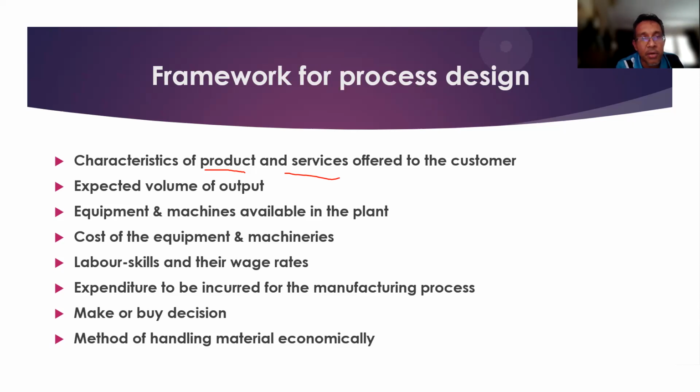So like I said just now, if you want to fabricate one unit, you will use a different process. If you want to fabricate more, you need to consider mass production, batch production. Also, there is the expected volume of output, and then equipment and machines available in the plant. So normally in the plant, we have existing machines, existing equipment. So when we think about designing a new product, normally the designer designs the product.